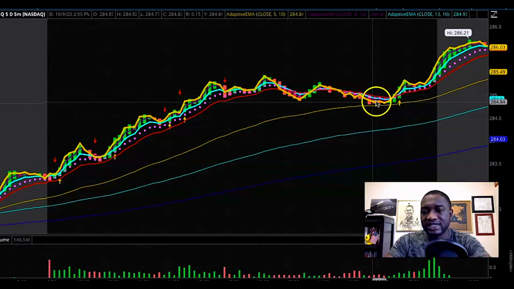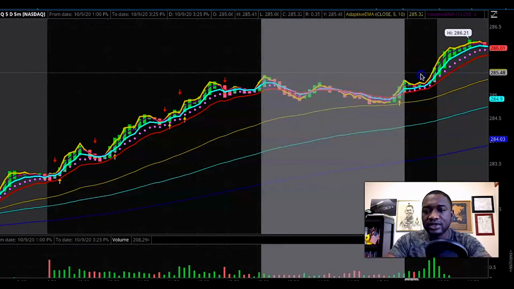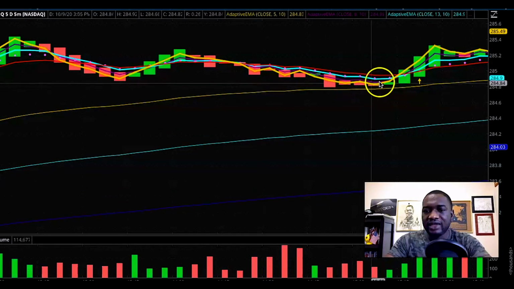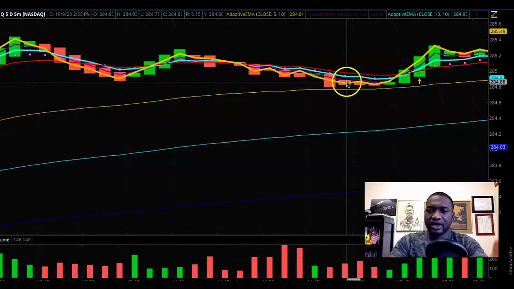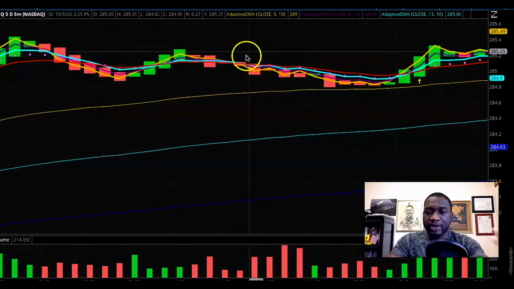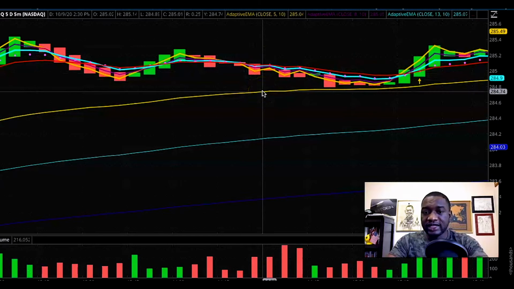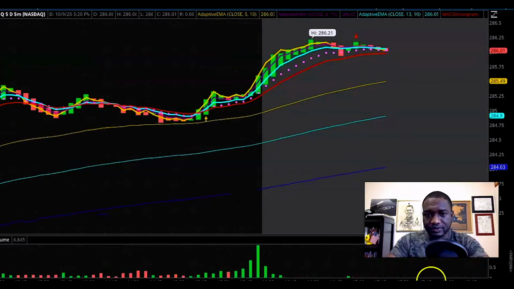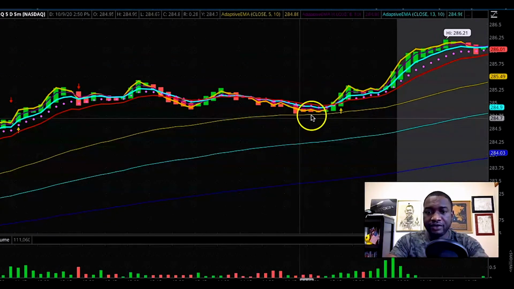Why are these candles not going further down? They're just staying here in this kind of consolidation. It is basically consolidating off of the 50 moving average, off of the 50-day moving average.